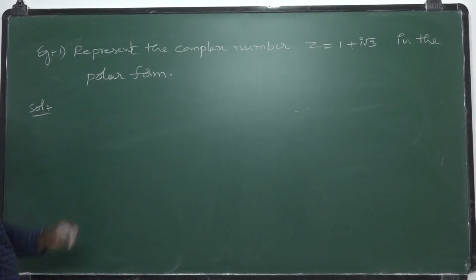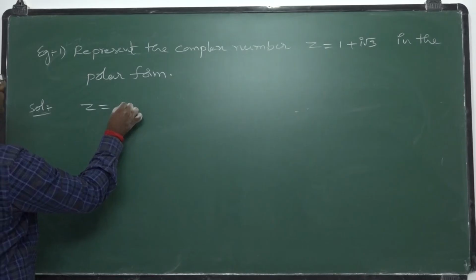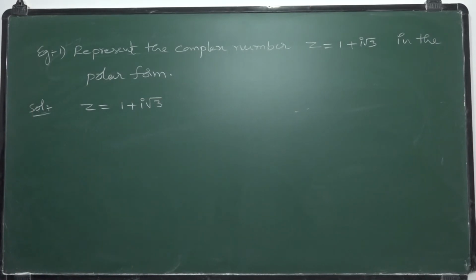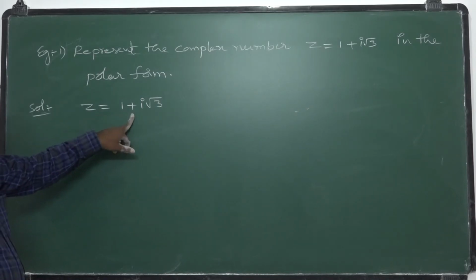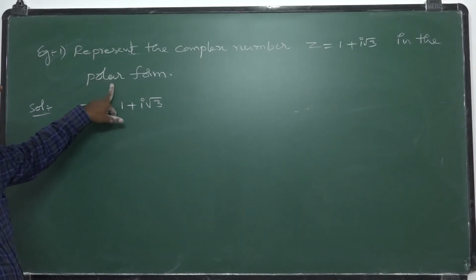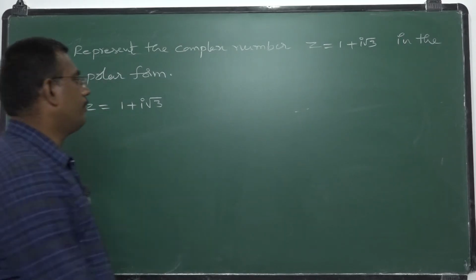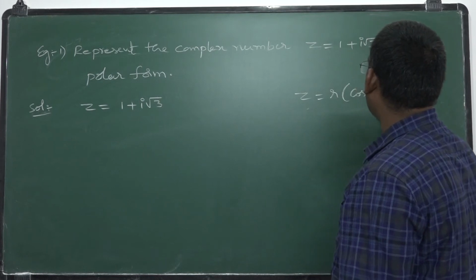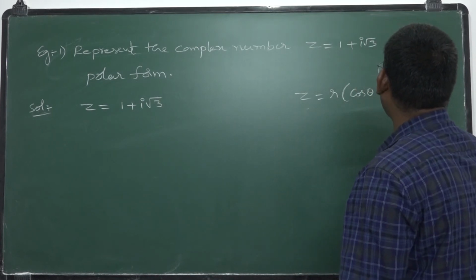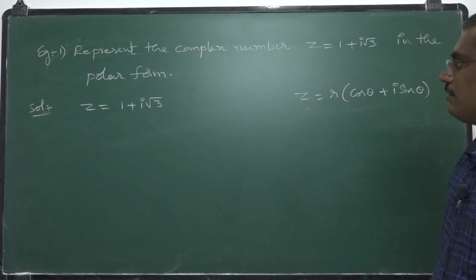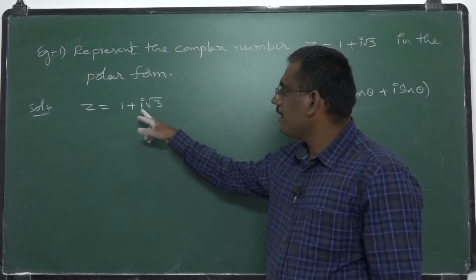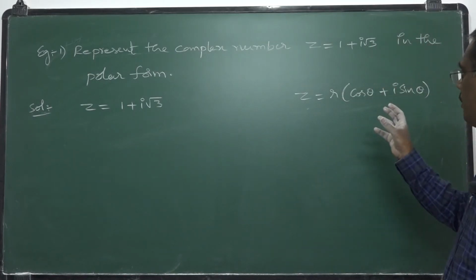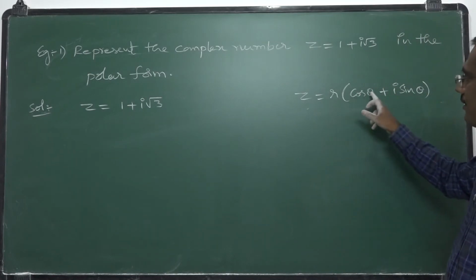Given complex number is z equal to 1 plus i root 3. Now we convert this complex number into the polar form. The polar form of z is r of cos theta plus i sin theta. So we need to find the value of r and theta.